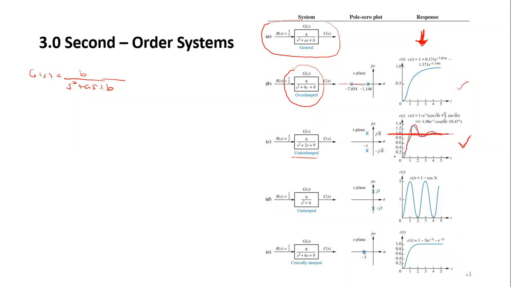The third one is the undamped system. What happens in an undamped system? In terms of the output response, it will be oscillatory. Imagine the antenna azimuth position control system. If the antenna dish is in oscillatory motion, is that good? What do you think?